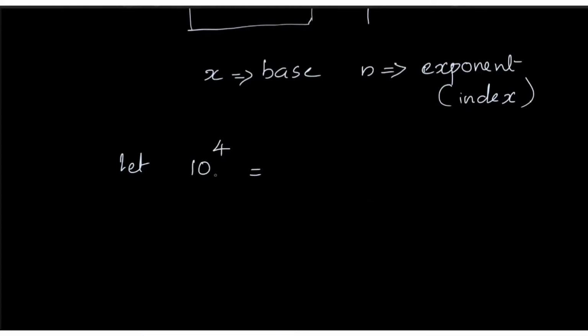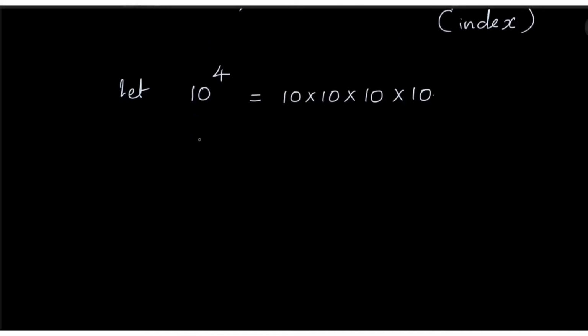This is nothing but repeatedly multiplying the number 10, 4 times. Next, subtract 1 from the exponent. So it is equal to 10 raised to 3. It is nothing but 10 multiplied 3 times.